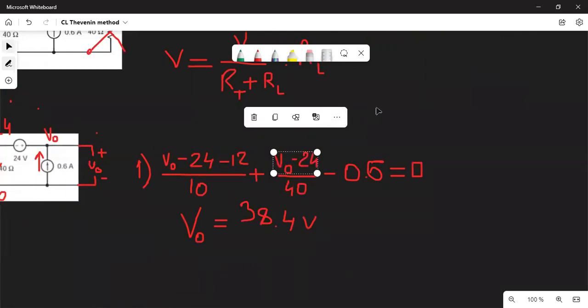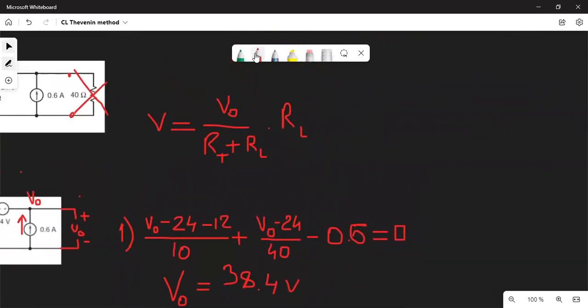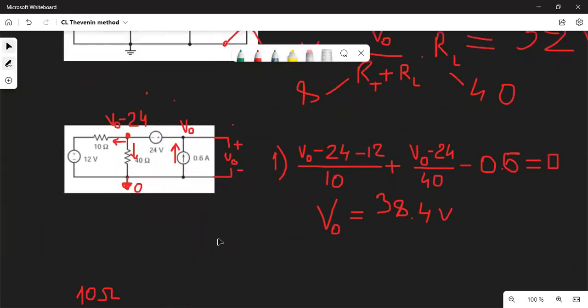It's easy to identify V. Use your arithmetic: instead of RL put 40, instead of V0 put 38.4, and the Thevenin resistance is 8 ohms. Calculate, and you get the answer 32 volts. If everything is understandable here, let's move to the next.